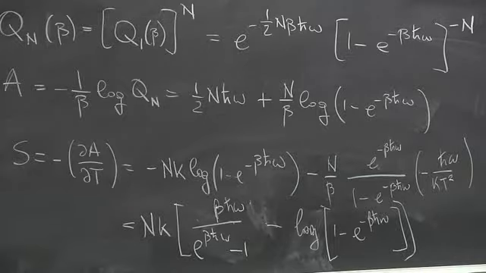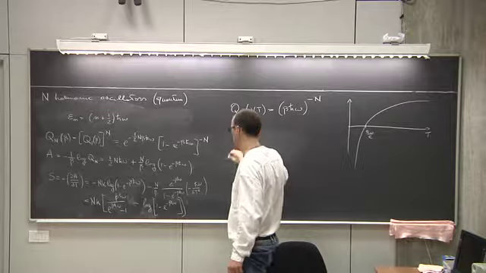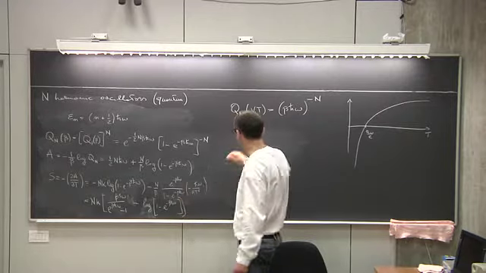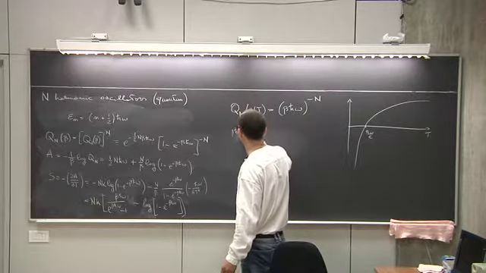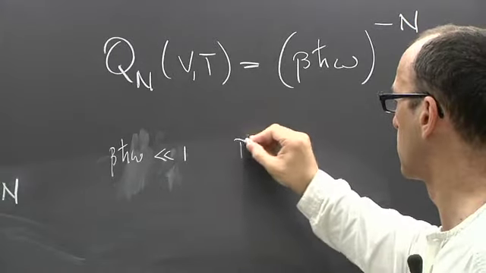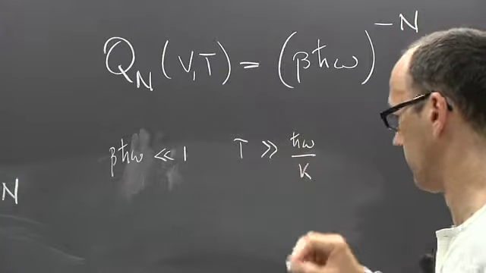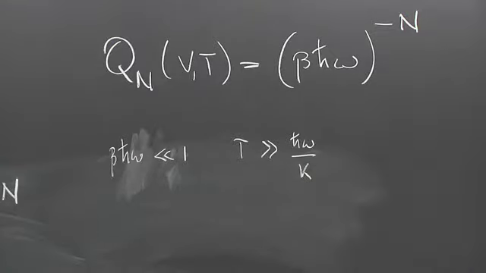For large temperatures, large temperature means beta h bar omega much less than 1, which means that we are looking at temperatures which are much larger than h bar omega divided by k.